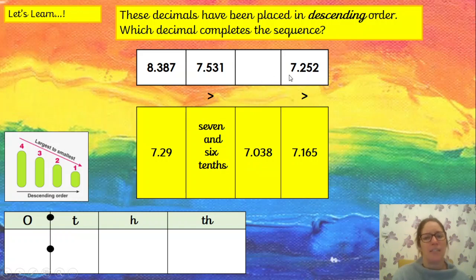Is it greater than 7.2? No. And lastly, we've got 7.165, which is less than 7.531, but it's also less than 7.252. So in actual fact, our first one, 7.29, was the correct answer. We can see it goes down in descending order because 7.531 is greater than 7.29, which is greater than 7.252.